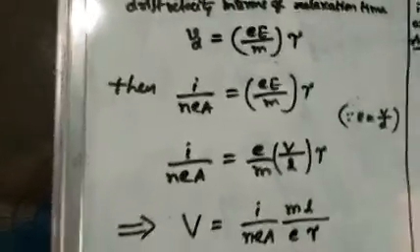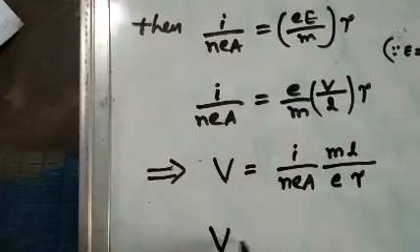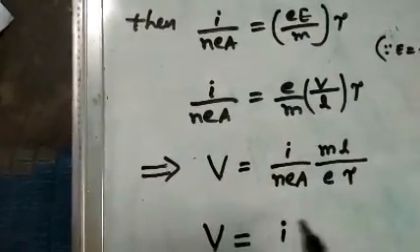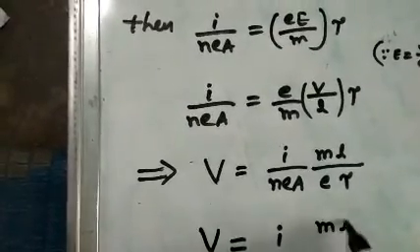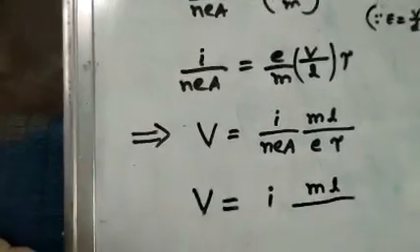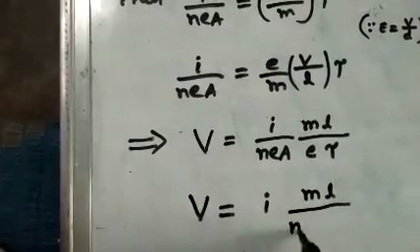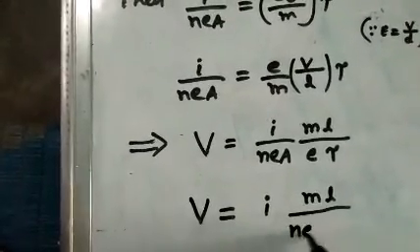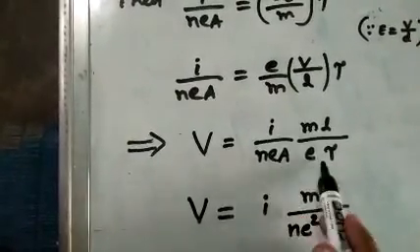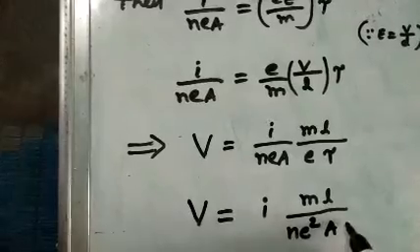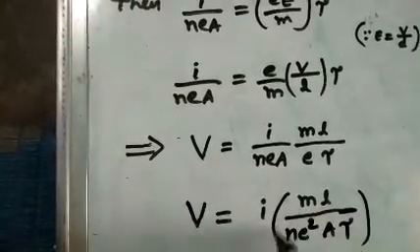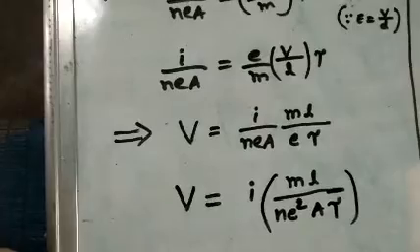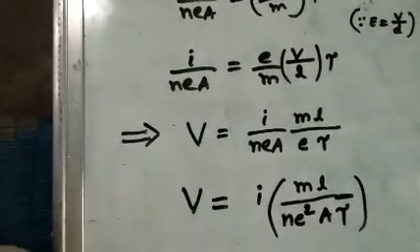Now potential difference V is equal to I of mL by ne squared A tau.